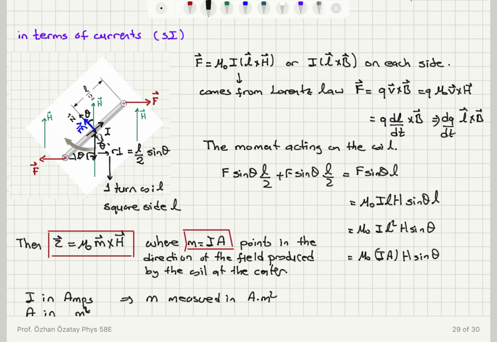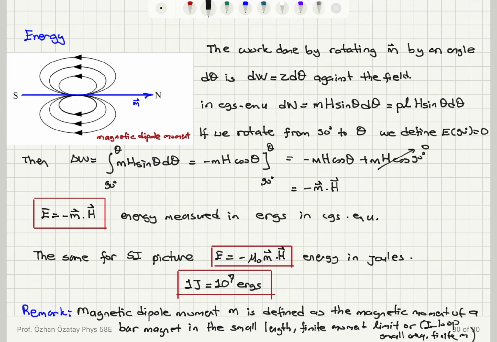So if you curl your fingers in the direction of the current, your thumb points normal to the coil, which is the direction of the field produced by this current at the center, and that is where the magnetic moment vector points. It is now measured in amps meter squared in SI.